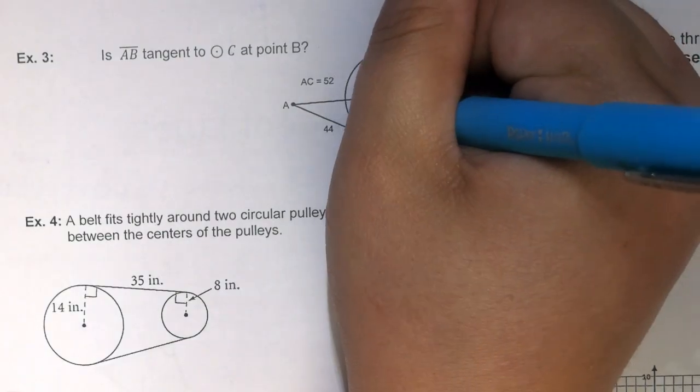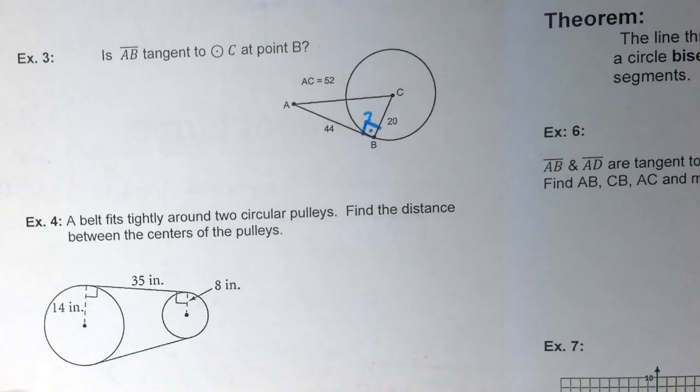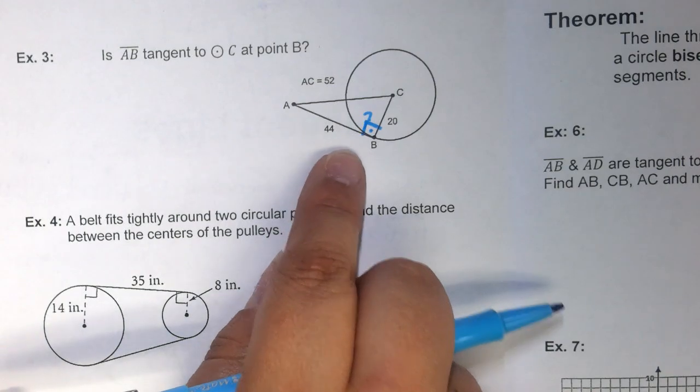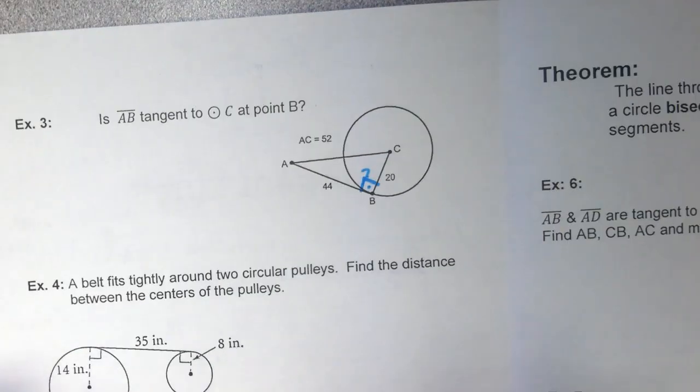Is this 90 degrees? How do I know? Can't just assume. The question is, I don't know if this line is tangent. Over here, I told you that they were tangent, so that's why you could do the 90. Over here, I'm saying I don't know.